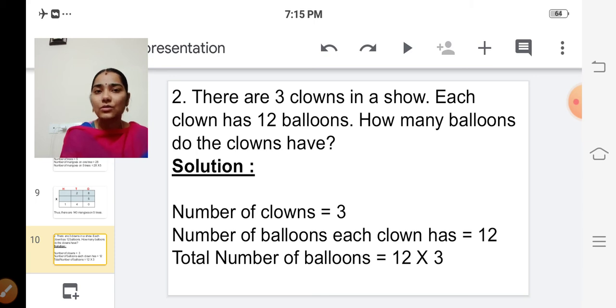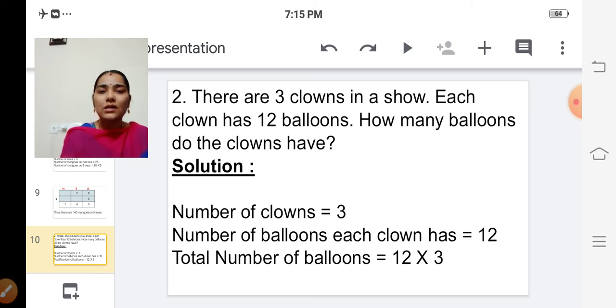So how many clowns are there? There are 3 clowns. And how many balloons does each clown have? 12 balloons. So we are going to find out the total number of balloons all the 3 clowns are having. For that, we are going to multiply the number of balloons into the number of clowns.